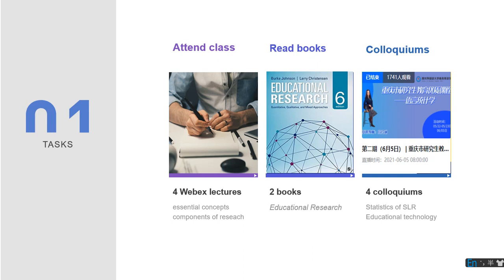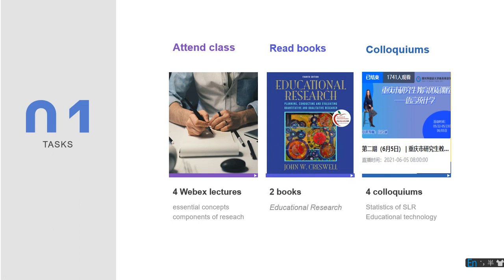I was encouraged to critically discuss and evaluate components of research process, research designs, instrumentation, population, sampling techniques, and data analysis. In addition, I have read 2 books. The first is Educational Research: Quantitative, Qualitative, and Mixed Approaches by Burke Johnson and Larry Christensen.